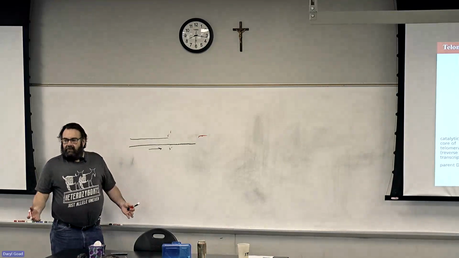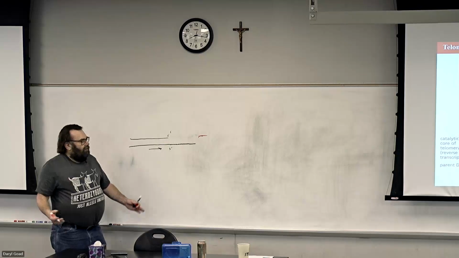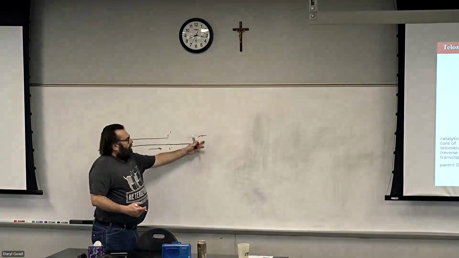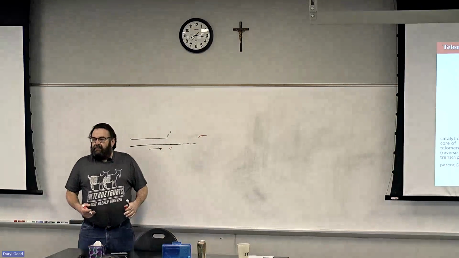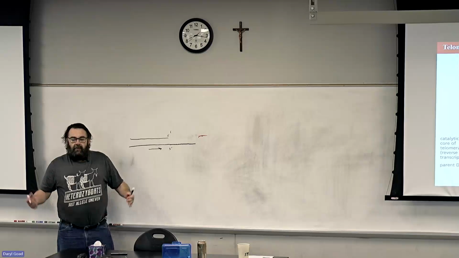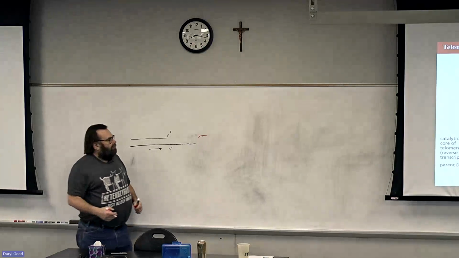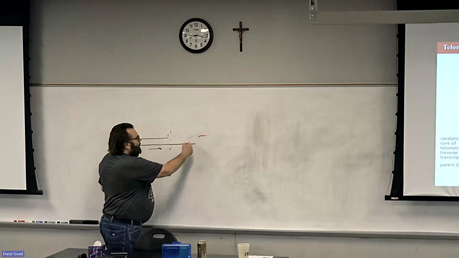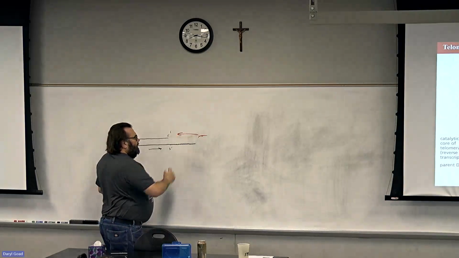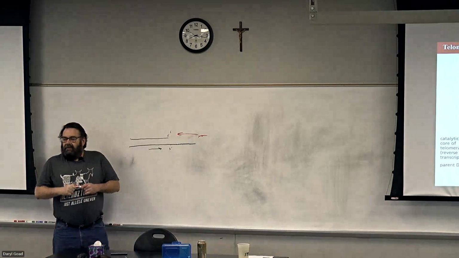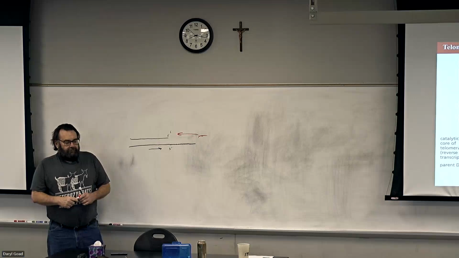There's no place to put a primer. Once I get to this point, I can't put a primer where there's nothing. I can't build without a free 3' hydroxyl. This is my 5' end. I have to build this guy going this way. I can't put a primer there.